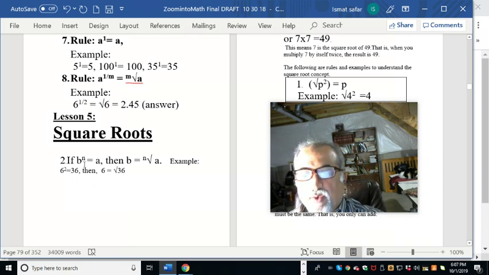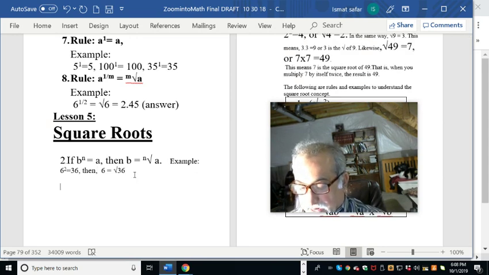So if we have a number b to the exponent n equal a, then b equals the nth root of a. Again, example, 6 squared equals 36, then 6 equals the square root of 36.